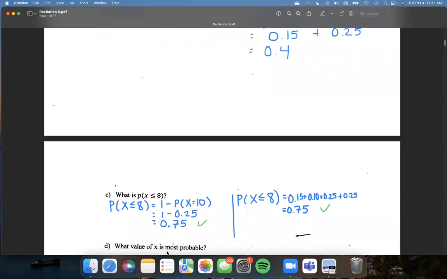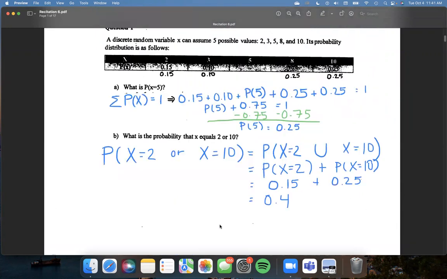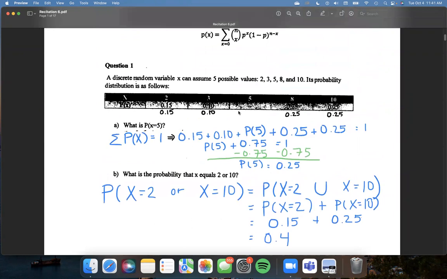What value of x is most probable? If we look at our different probabilities in here, don't forget the probability of x equals 5 is 0.25, which we found here. If we want to see what's more probable, we're going to see where our probability of x is the highest.